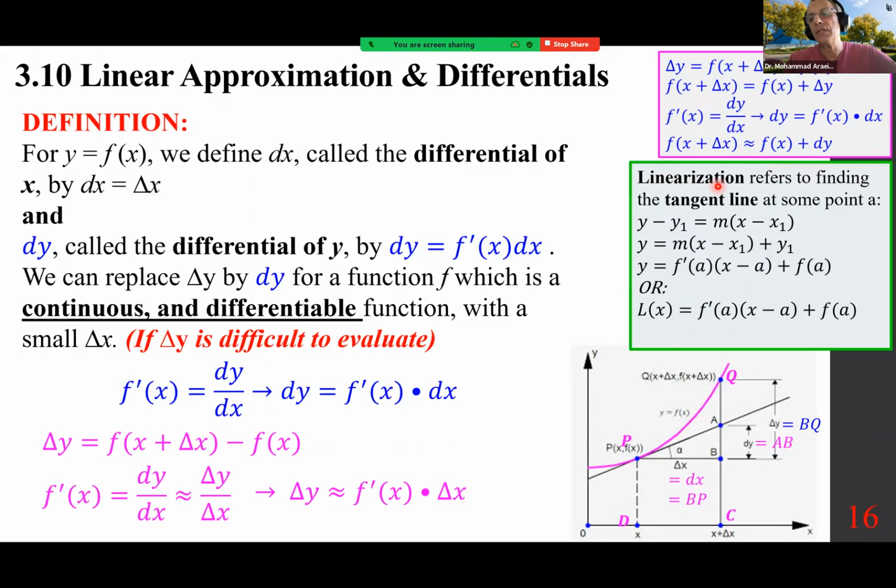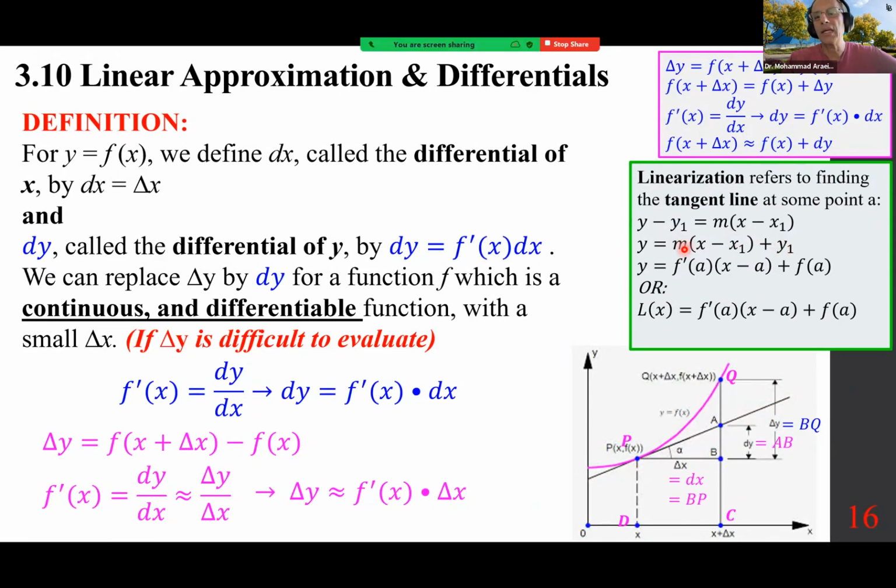The second method is called linearization. It refers to finding the tangent line at some point A. All you have to remember is the point-slope form: y minus y1 equals m times x minus x1. I can move the y1 to the right, where it becomes plus.